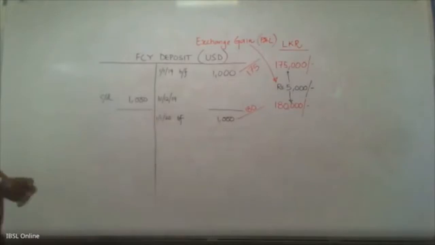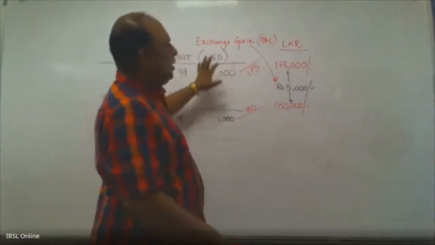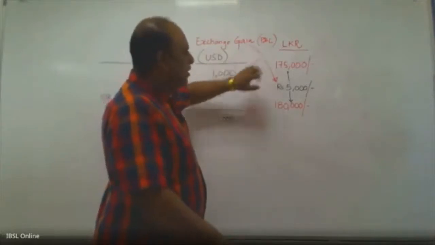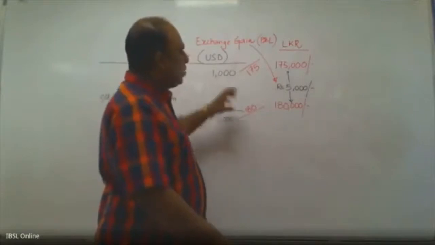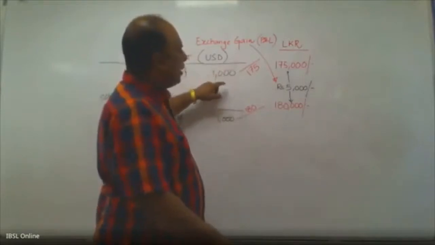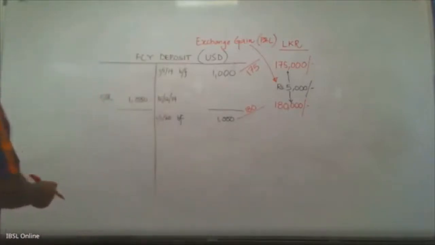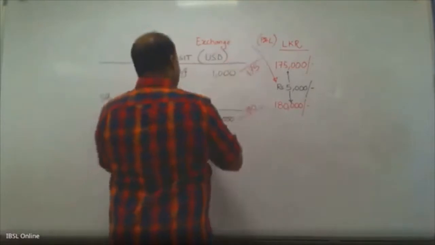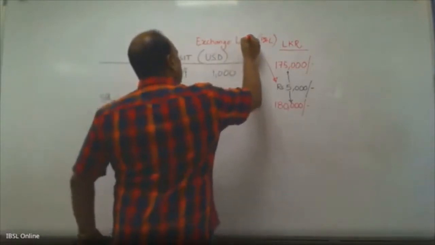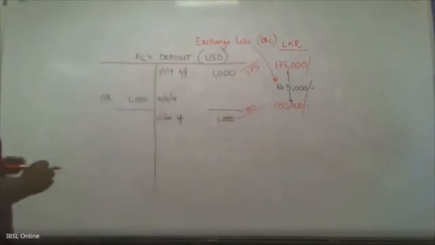Because when you had this $1,000, there is a change which has happened to the rupee equivalent. The rupee equivalent change, I should not say that it is a gain, it is actually a loss. Why is it a loss?